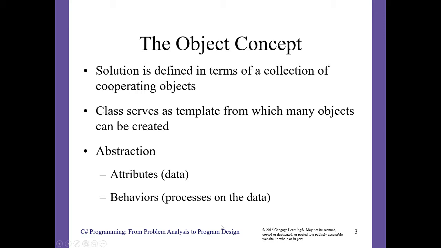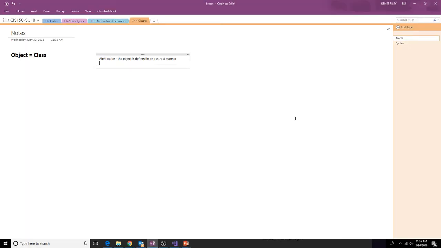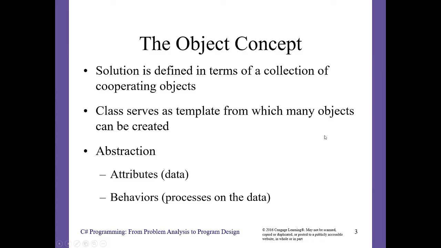And some other points they want us to know are that the attributes and the behaviors are an important part of that abstraction. So I have abstract attributes and behaviors. And we'll get a little bit more into that as we go.